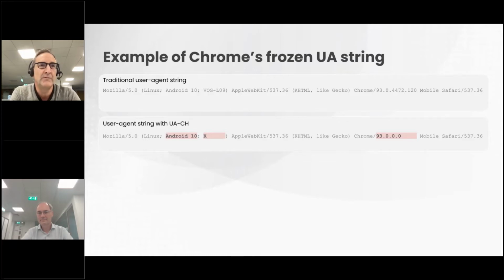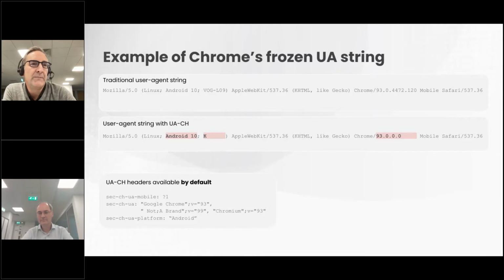It will always be Android 10 regardless of what your real Android version is. Secondly, the model has changed to simply just K. And again, that will be frozen. Every model will be simply K. And finally, the Chrome granular version numbers have been zeroed out. Only the major version, in this case 93, has remained.